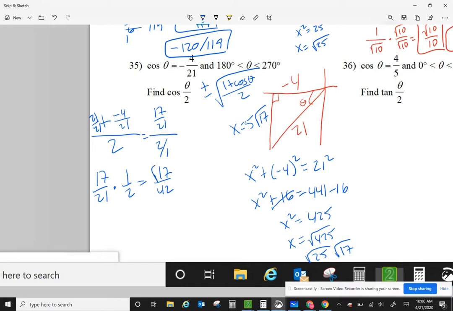Now let me deal with the square root. I'm going to square root everything. So that means I have square root of 17 over square root of 42. I'm going to multiply top and bottom by square root of 42.